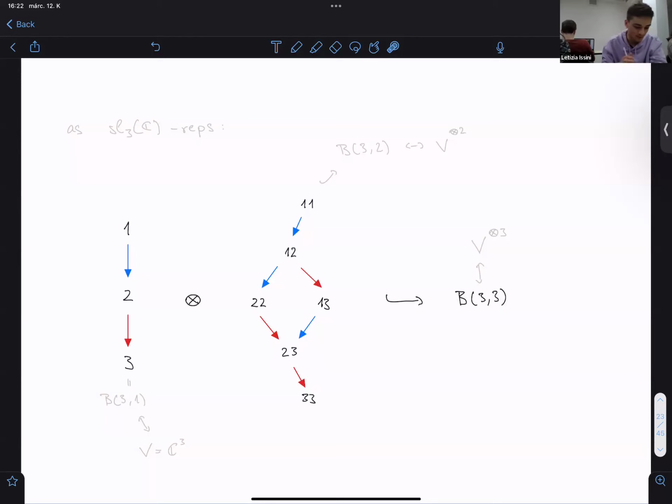So let's take 2 irreducible representations. Here, SL3C is acting on C3 by multiplication. This is just a crystal of all words in 3 letters of length 1. And we tensor this with a connected component of V tensor V.